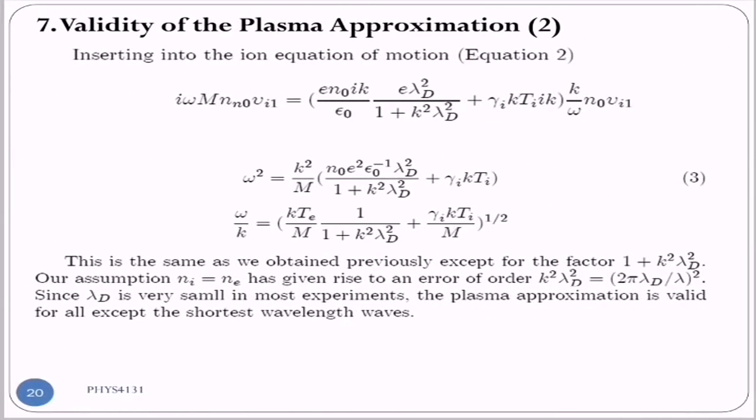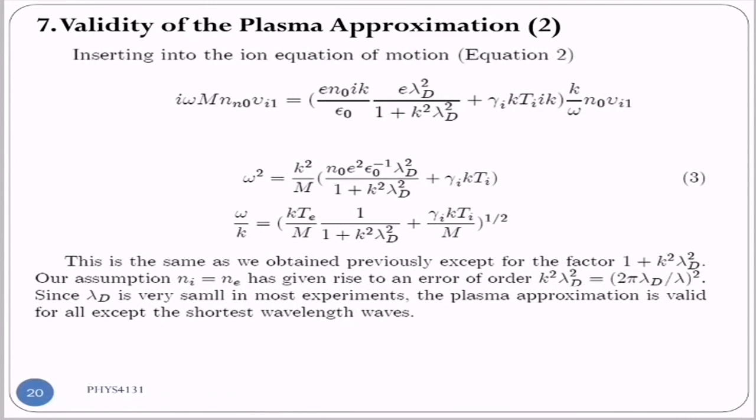Then we will get i omega M n naught Vi1 is equal to e n naught i k over epsilon naught e lambda D squared over 1 plus k squared lambda D squared plus gamma i kTi i k into k over omega n naught Vi1.